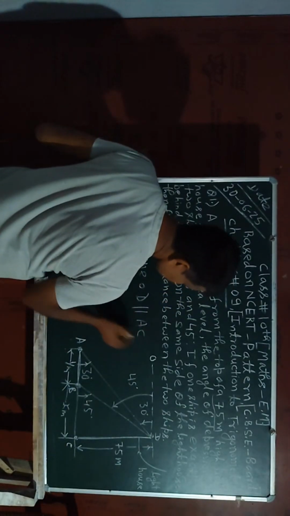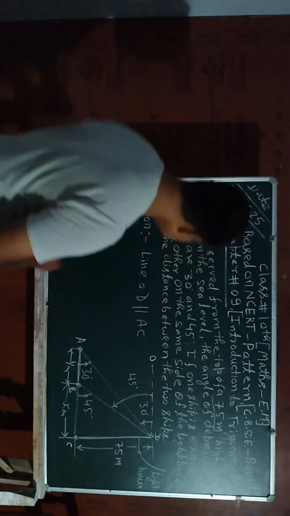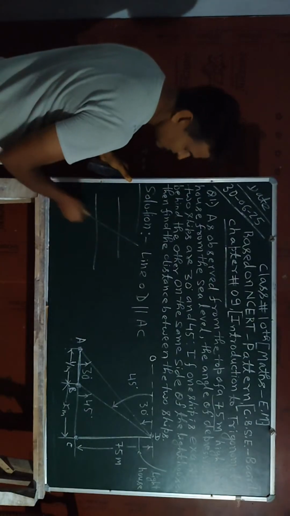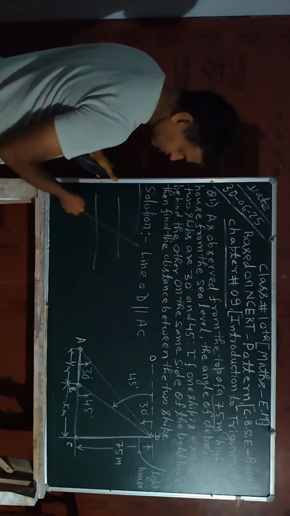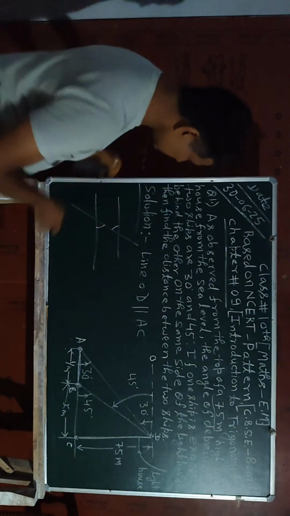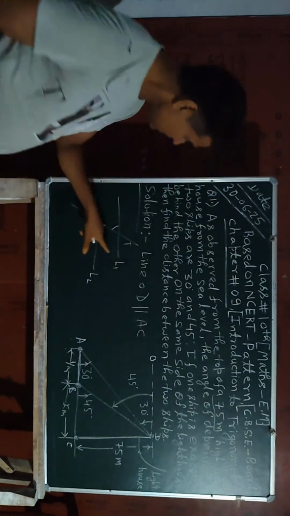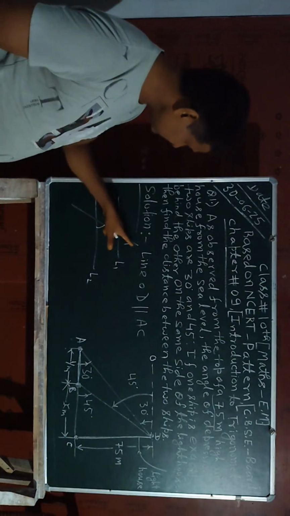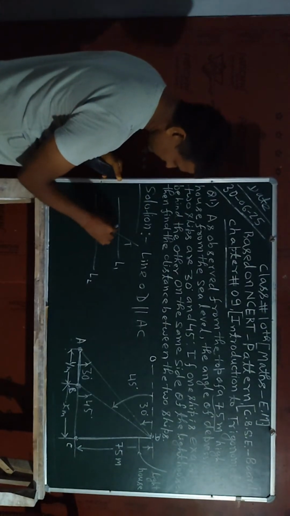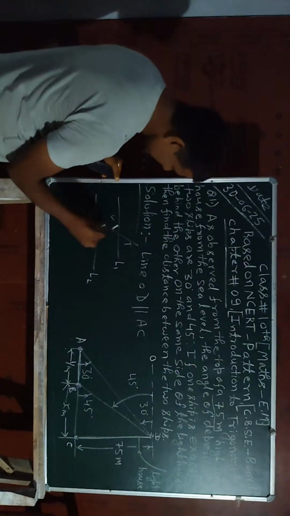If two lines are parallel to each other and a transversal line intersects both, say this is line L1 and this is line L2, and this is the transversal, then the alternate angles will be equal. So I will say this angle is equal to this angle.